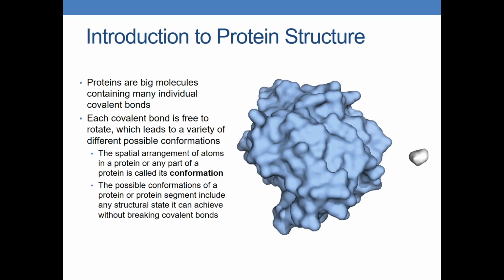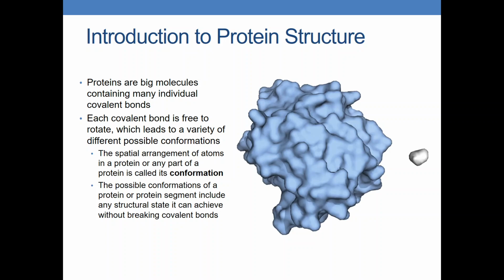The spatial arrangement of atoms in a protein or any part of a protein is referred to as conformation. So a conformation for a protein is sort of an overall description of a collection of different rotational states about the many covalent bonds that exist in a protein.